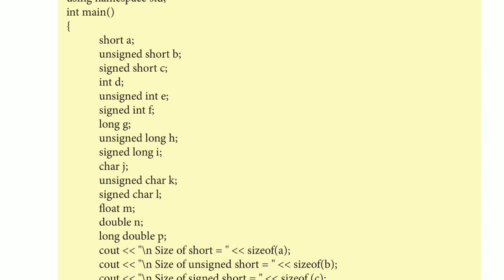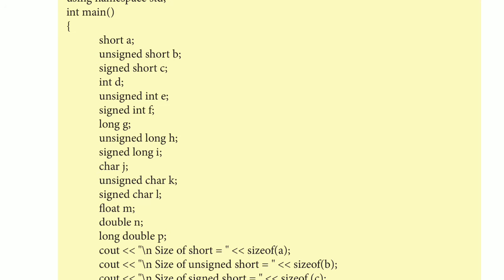Short A, unsigned short B, signed short C, int D, unsigned int E, signed int F, long F, long G, unsigned long H, signed long I, character J, unsigned character K, signed character L, float M, double N, long double P. So these are all the different data types.